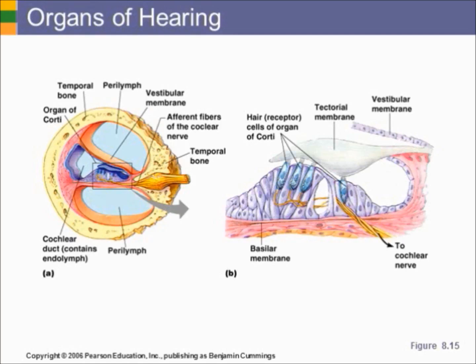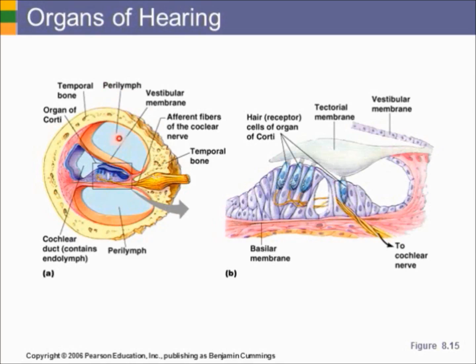All right, if you remember, the stirrup is attached to the oval window on the vestibule. Now that oval window is filled with a fluid, and as the stirrup moves back and forth, it causes the fluid, and that fluid is called perilymph, in this chamber right here.